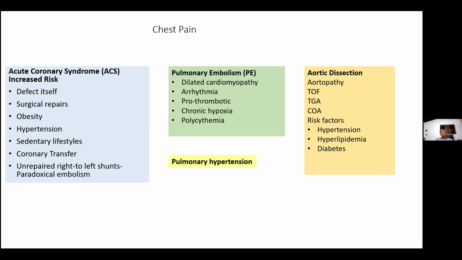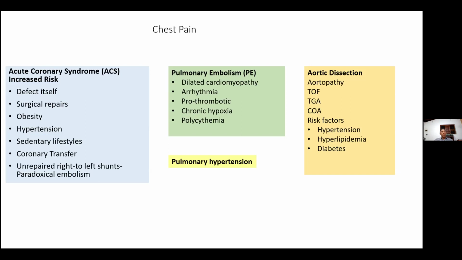And next one, I think I have briefly touched upon aortic dissection last time with aortopathy. Patients, for example, with Marfan syndrome and other connective tissue disorders. And the other people who are more prone to get aortic dissection, one is tetralogy of Fallot.